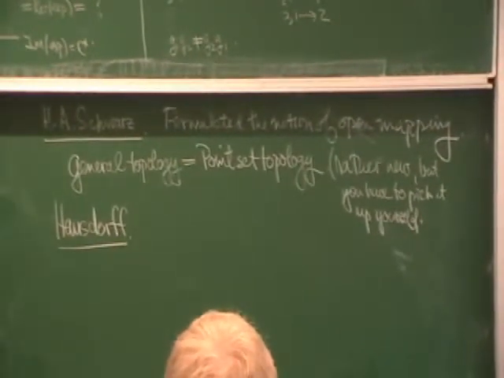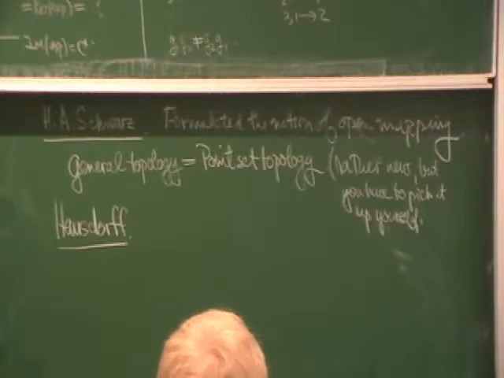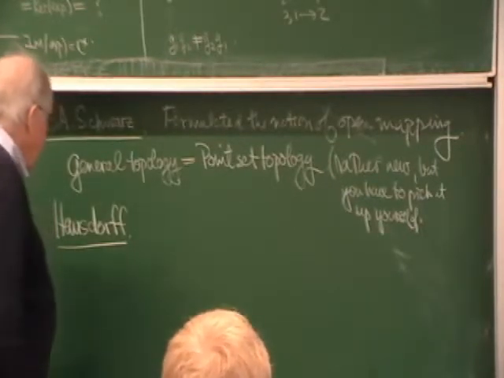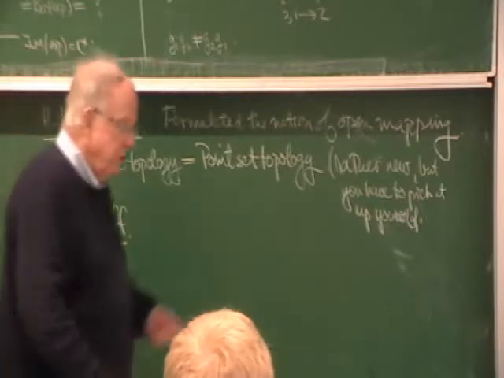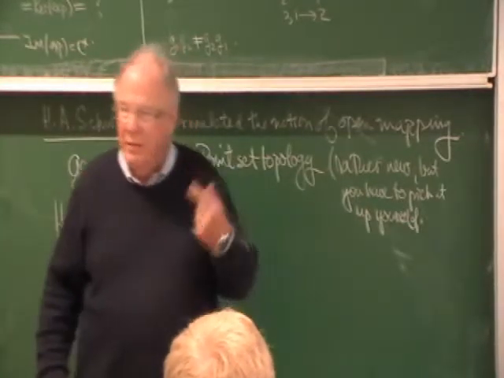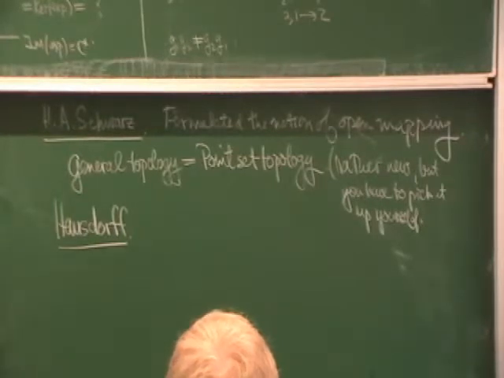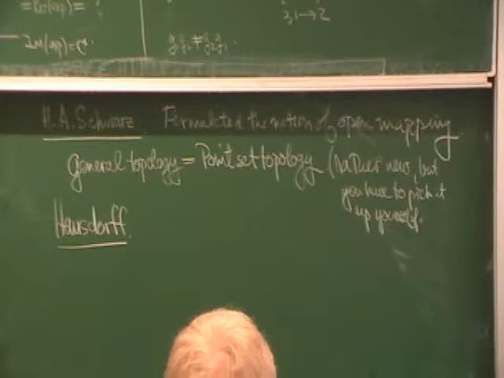He wrote down the first axioms and so on, so-called separation axioms, written down by Hausdorff. And when I walk down Hausdorff Street in Bonn, I think about Hausdorff, and I think about really nice things that are not Hausdorff. Now let's recall, what is Hausdorff?